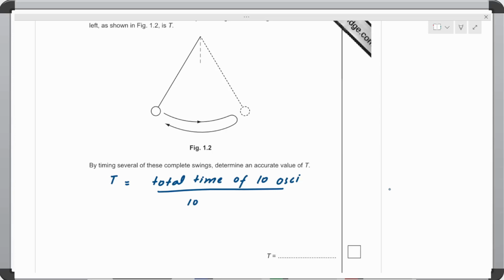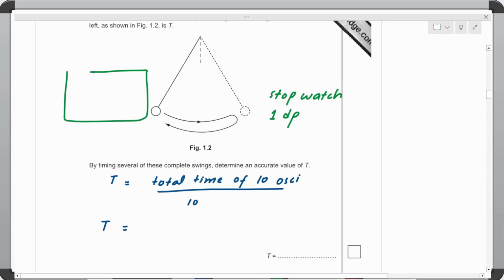For example, let's say the stopwatch displays something like this. This side is for minutes and this one is seconds. So let's say 30, and then it reads 0.46. This one is for the minutes, this side is for the seconds, and this is the decimal places after the second.